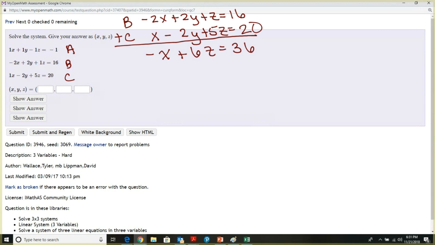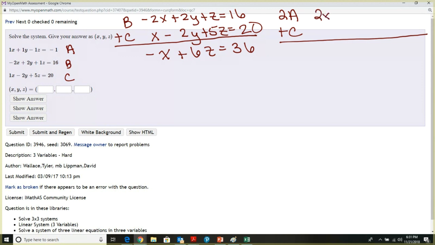Now what I want to do is pick either a and b or a and c and get rid of that same y variable. How about a and c? Notice if I did 2 times a and added it to c, my y's are going to cancel. So let's multiply the entire a equation by 2.